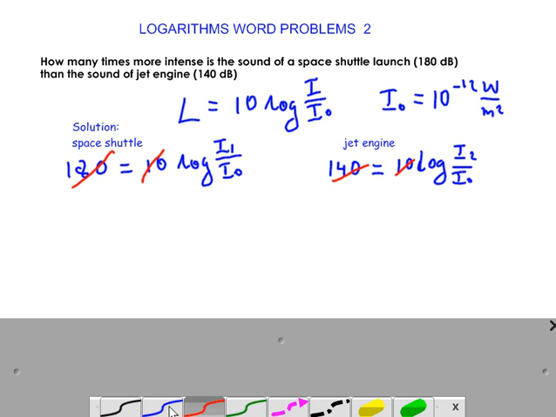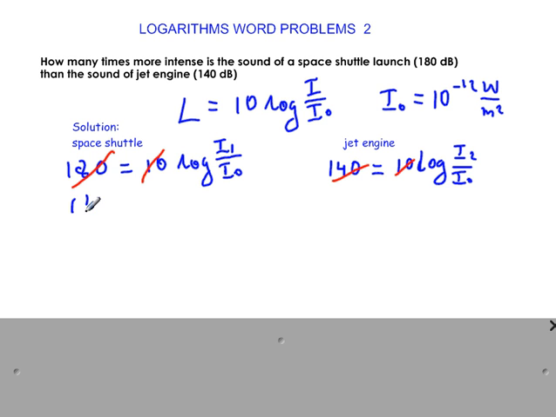Okay, so now the left side is 18 equals log of the ratio I1 over I0, and 14 right here equals log of I2 over I0. Did I have to replace I0 with that number? No, because in the process you will lose it, so it is not really that critical.